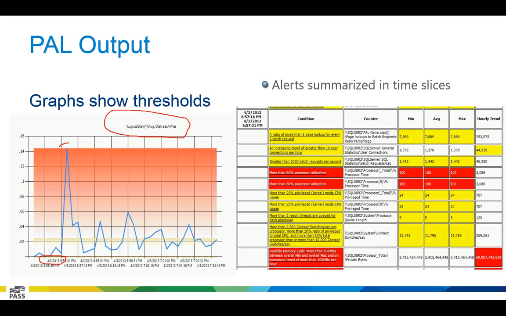That's something you're going to have to go into the actual perfmon file and discover on your own. It's only going to point out, at least in terms of color coding, that it dropped under a certain threshold. It doesn't find trends for you, unfortunately. It would be a pretty neat feature to have, but it's just not built in right now. So you still have to know what to look for.